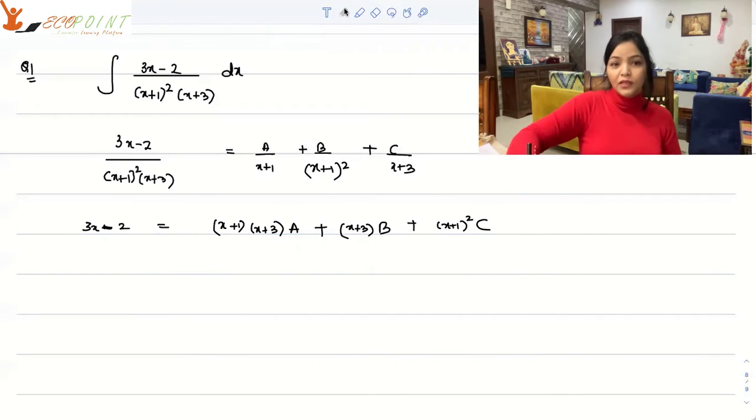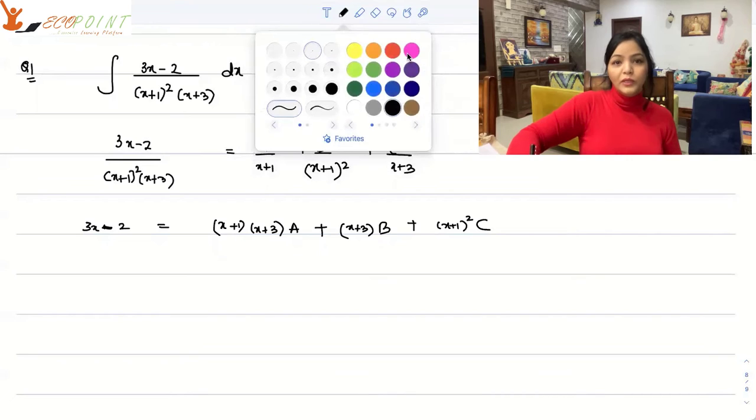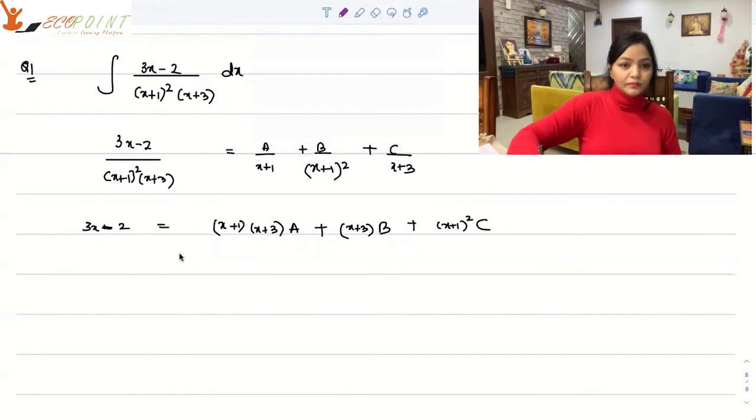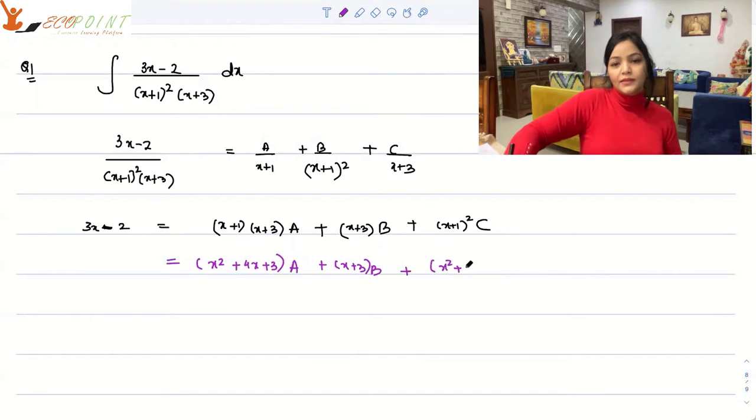That's what will happen. So when you open it up, you will have (x square plus 4x plus 3) times A plus (x plus 3) B plus (x square plus 2x plus 1) times C is equal to 3x minus 2.